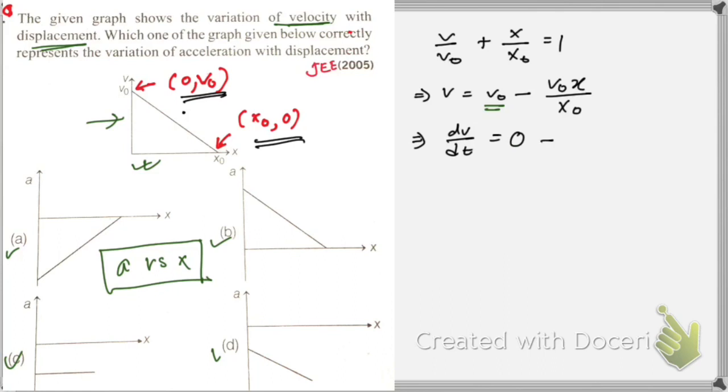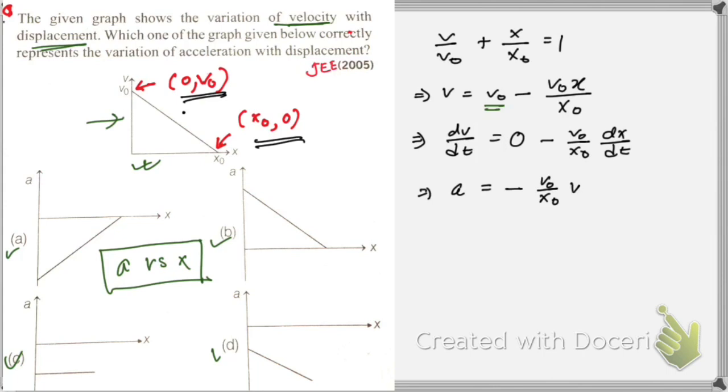Then this part, initial position and initial velocity, this ratio will be taken as constant. So v naught by x naught, then again dx by dt, because displacement varies with time, right? We can assume that way. Then dv by dt is nothing but acceleration a, and minus v naught by x naught, dx by dt is nothing but v, right?